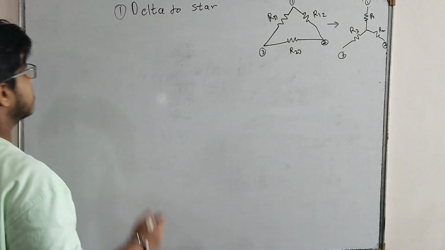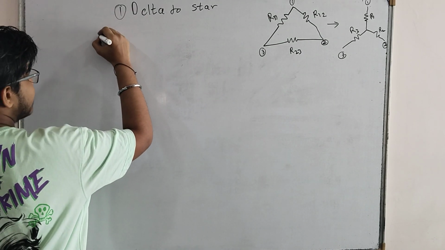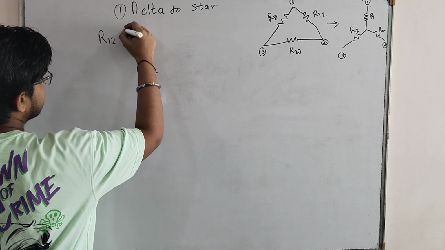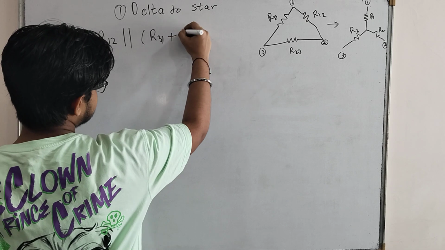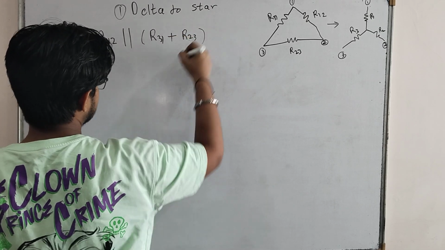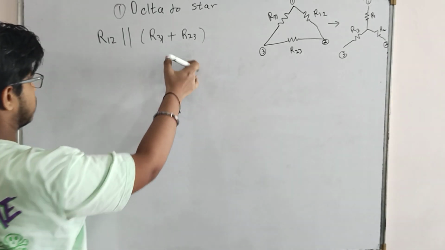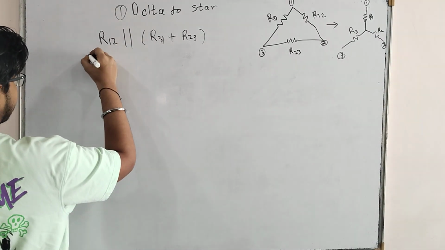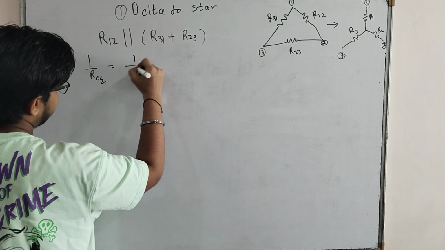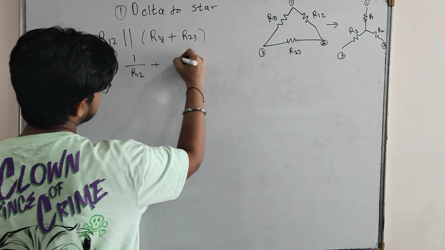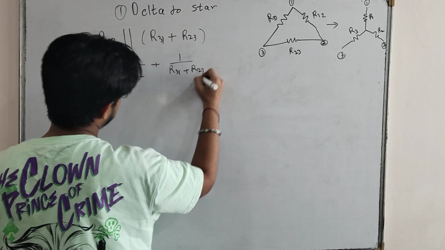So let us begin. From the delta connection diagram we can analyze that R12 is in parallel with R31, which is in series with R23. So R12 is in parallel with this entire thing. Let us write the equivalent resistance. R equivalent will be equal to 1 upon R12 plus 1 upon R31 plus R23.